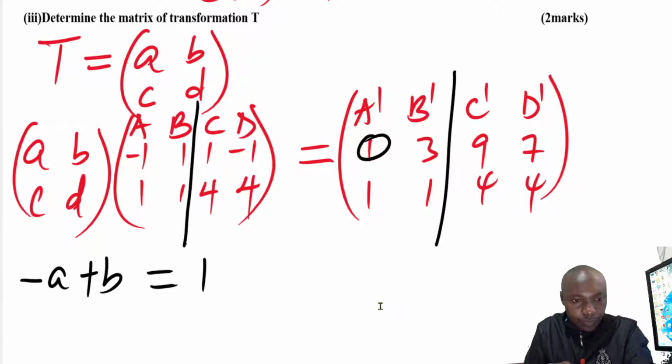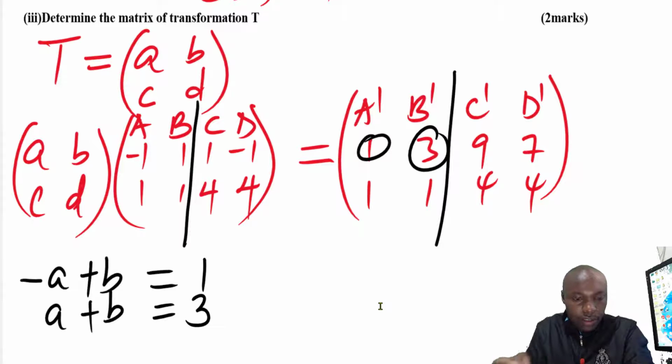And then if I multiply now with the second row, that is b, I'll get a times 1, which is a, then plus b times 1, b. That should give me that value, which is 3.